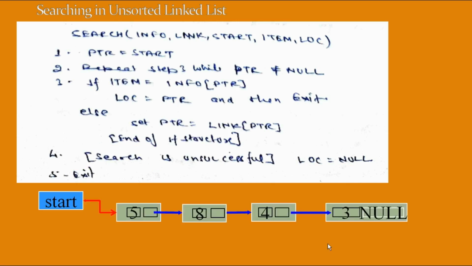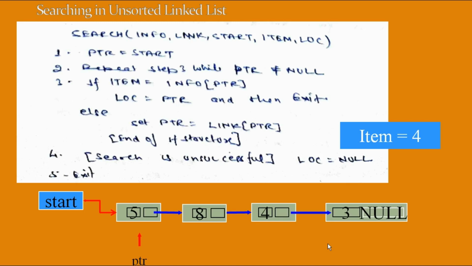Now we can visualize this process with the help of an example. Suppose we have this linked list having 4 elements 5, 8, 4, 3, and the item value to be searched is 4. As per the algorithm, initially the PTR will be assigned the address of the first node, that is start. After that we run the loop for the condition PTR is not null.